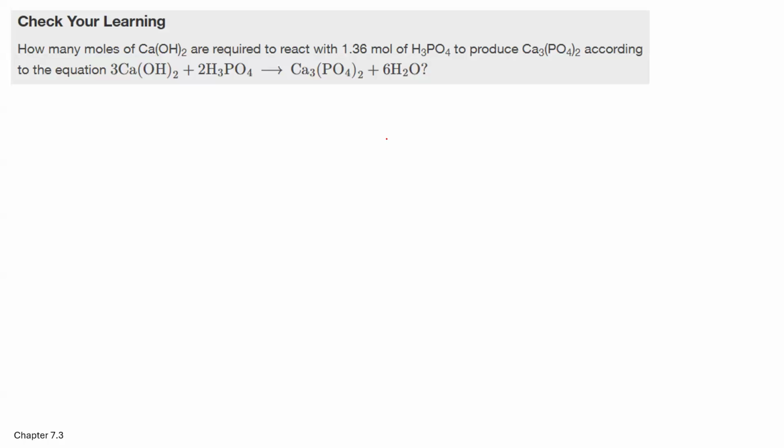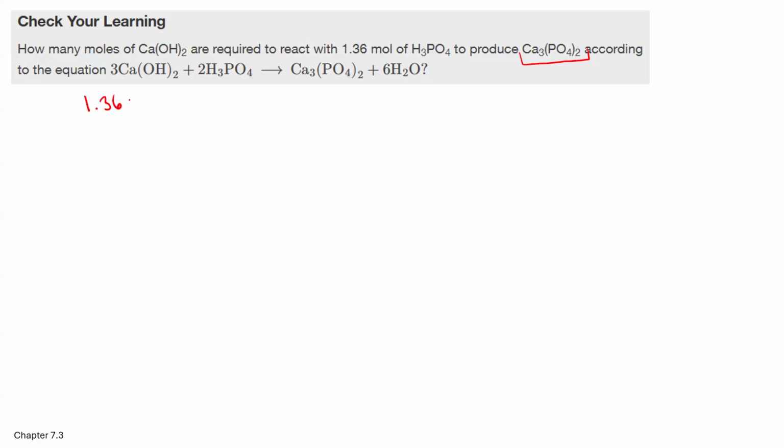How many moles of calcium hydroxide are required to react with 1.36 moles of phosphoric acid, right? To produce this calcium phosphate, right? So I'm going to write the question down.